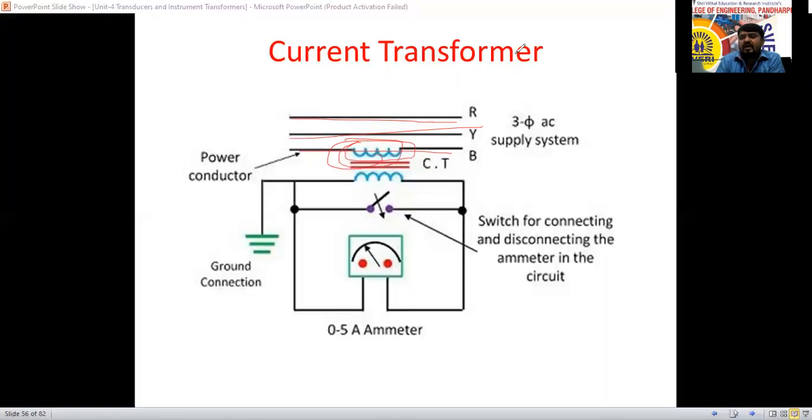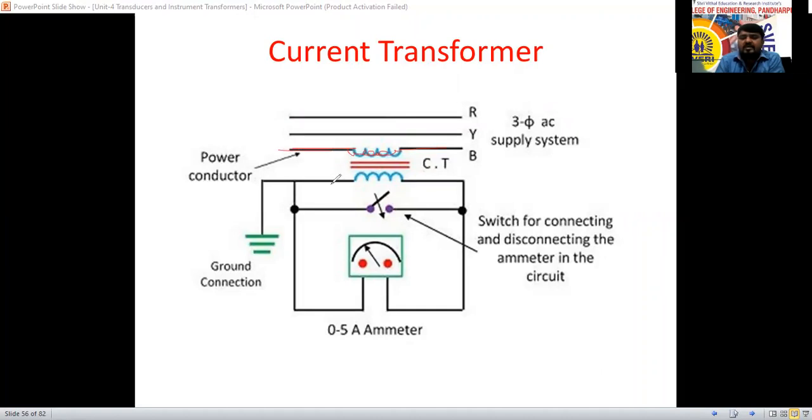One phase will act as the primary winding. See, the B phase is connected to the CT. The primary winding is connected in series with the B phase.